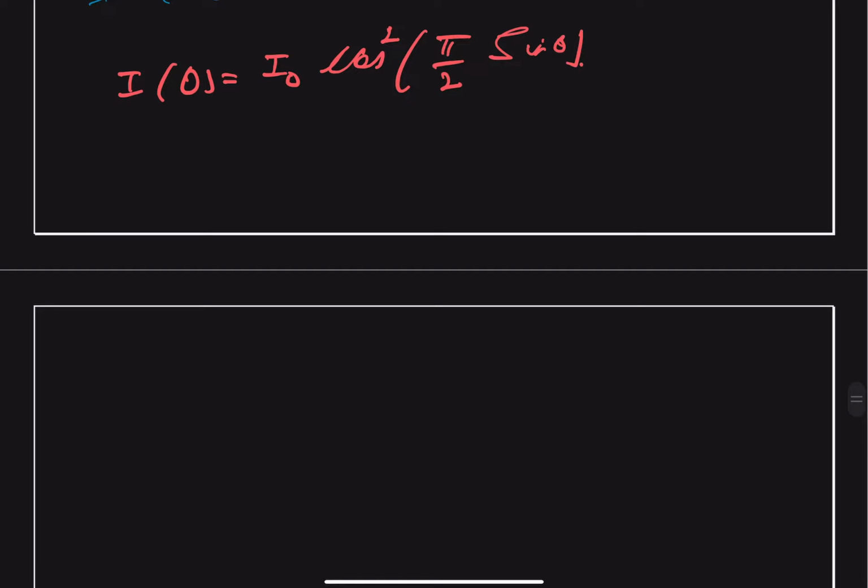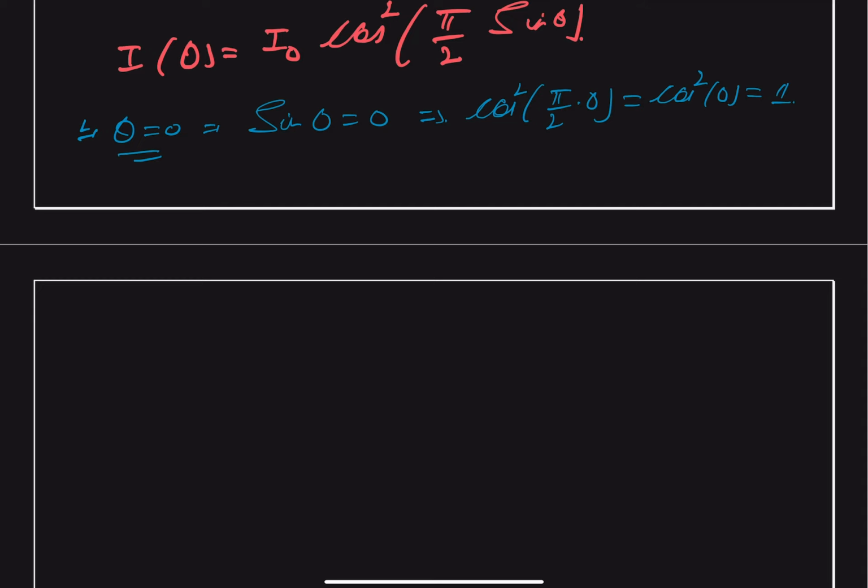So let us check for theta is equal to 0. For theta equal to 0, sine 0 is 0, and this gives us cos square of pi by 2 multiplied by 0, which is cos square of 0, and that will be equal to 1.